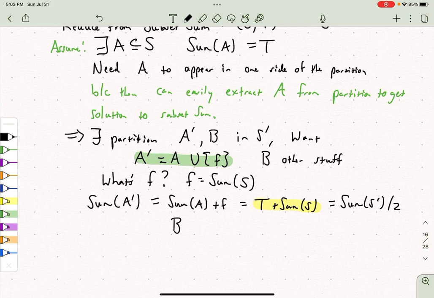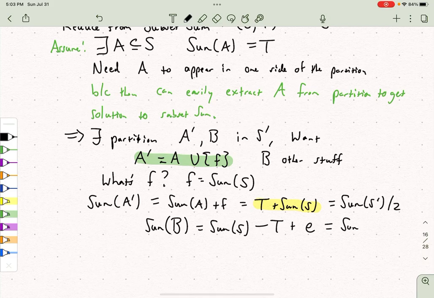Well, the sum of B is going to be the sum of S minus T, because the things that sum to T, we placed in A prime. And we want this, plus some extra element E, to equal the sum of S prime over 2.